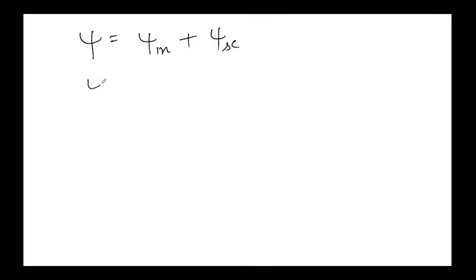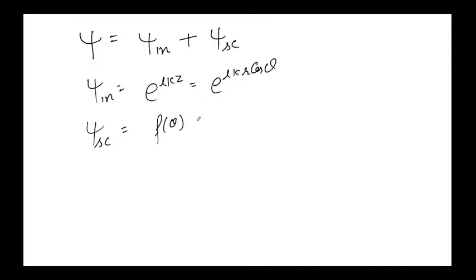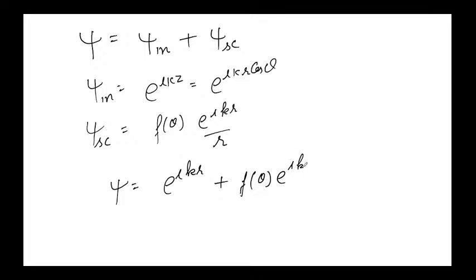The incident wave function, which we have represented as e^(ikz), is of the order of e^(ikr cos theta), while the scattered wave function is f(theta) e^(ikr)/r. So the total wave function we can write as e^(ikr cos theta) plus f(theta) e^(ikr)/r.